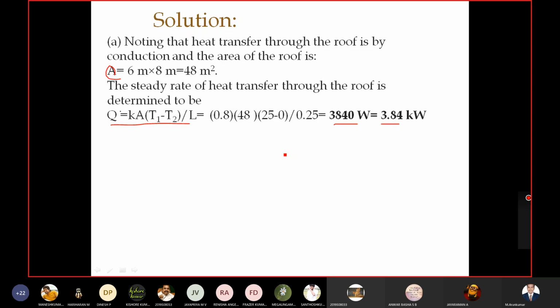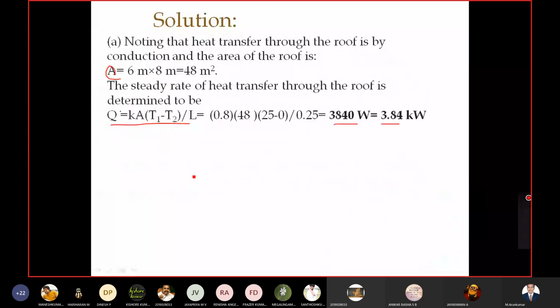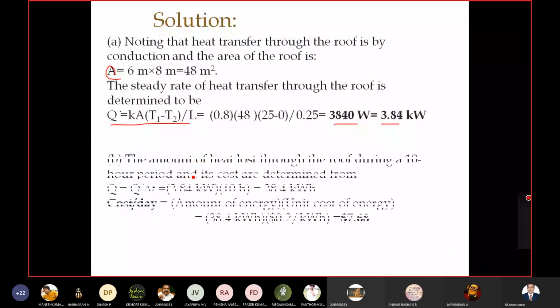Then we have to solve the second question. In the second question they asked the cost of the heat loss to the homeowner, with the cost of electricity at $0.2 per kilowatt hour. That is calculated from the amount of heat loss through the roof during a 10-hour period.